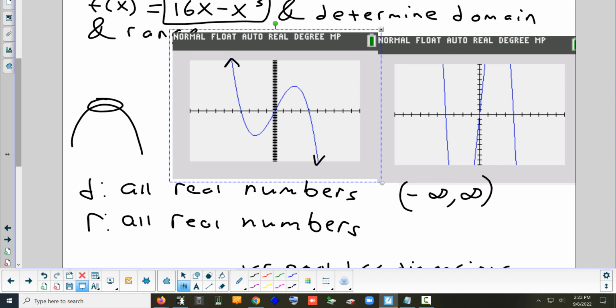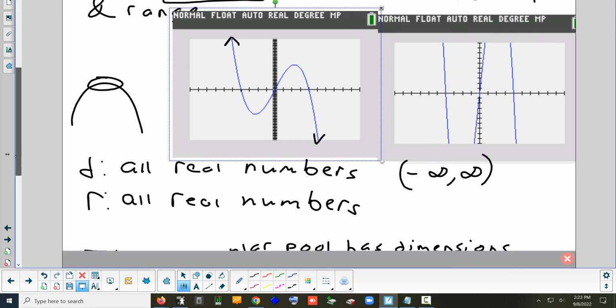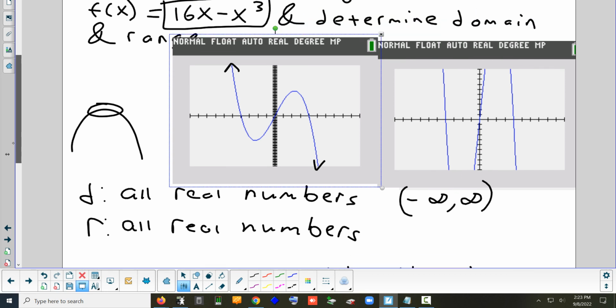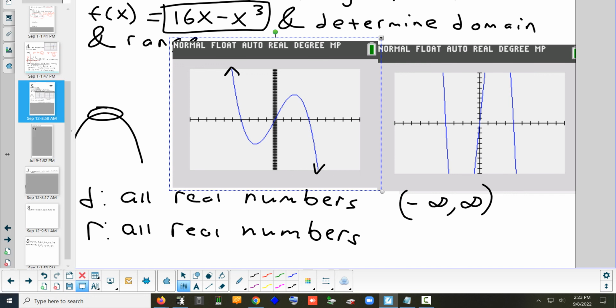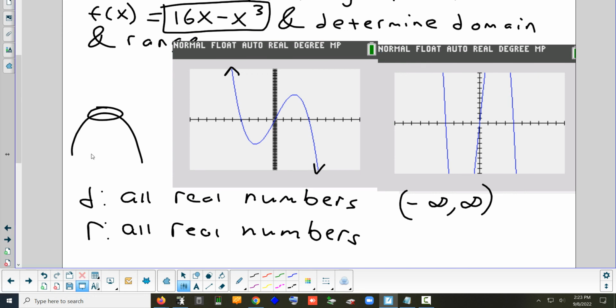Never stops going up, never stops going down. Any questions? It takes a little practice to get used to doing the domain and range. It's something we'll talk about several times. That's two.